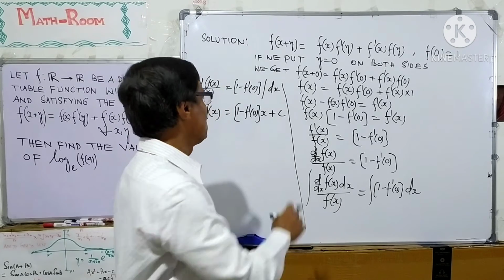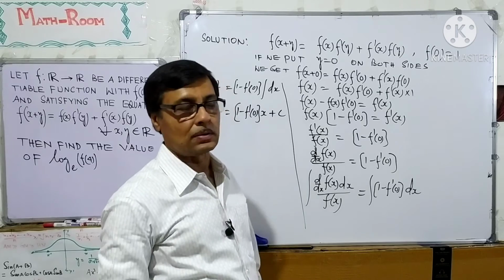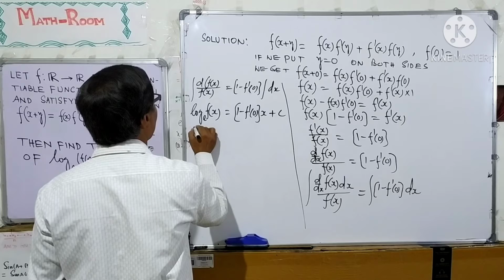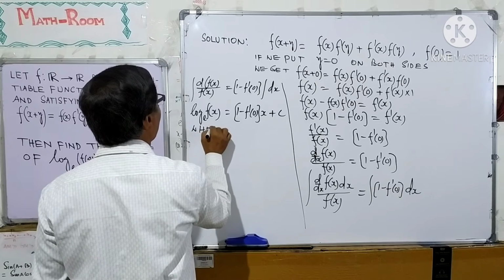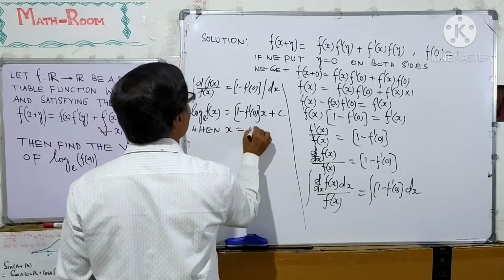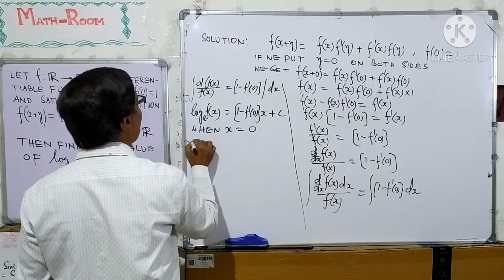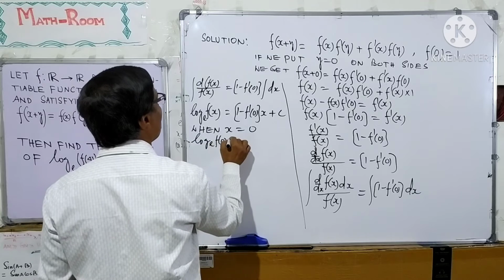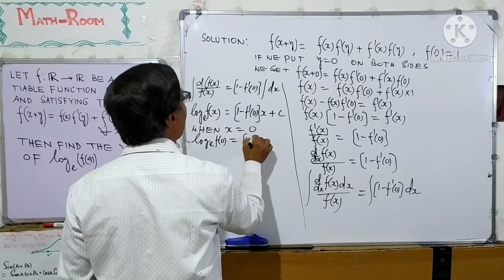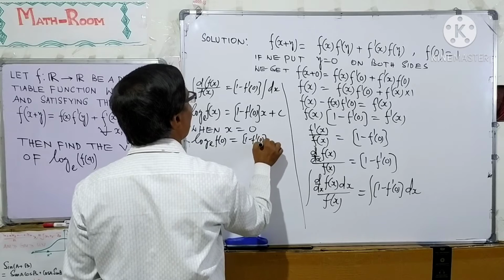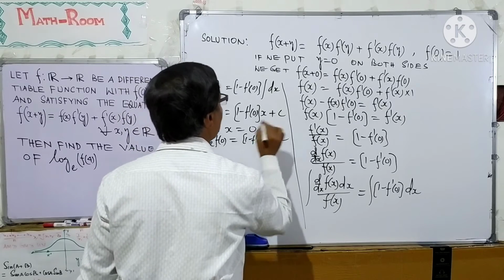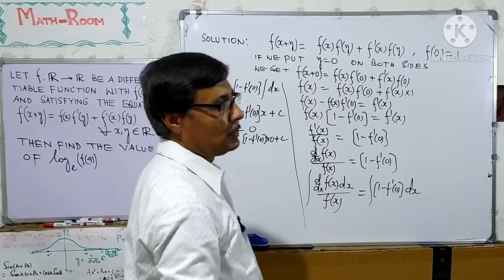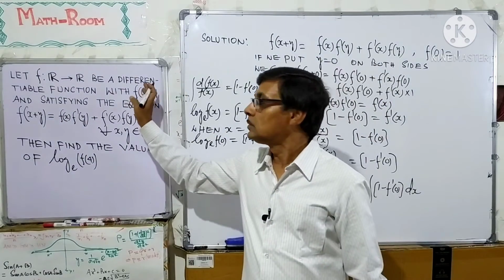This c is the integration constant. So, when x equal to 0, then natural logarithm of f(0) equal to 1 minus f'(0) into 0 plus c, and f(0) equal to 1 is given.